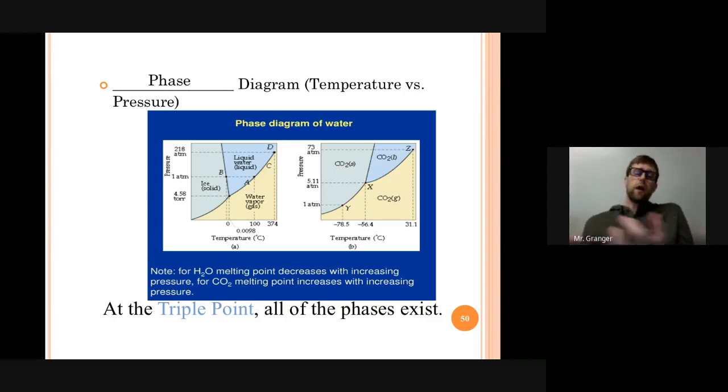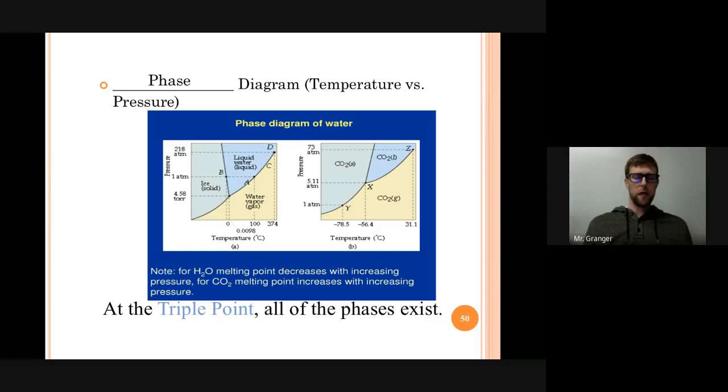So if we shift over to the phase diagram on the right-hand side of the screen, we've got the substance carbon dioxide. Notice the quadrants look slightly different. Our values for temperature and pressure are slightly different, though we are still working with atmospheres of pressure.